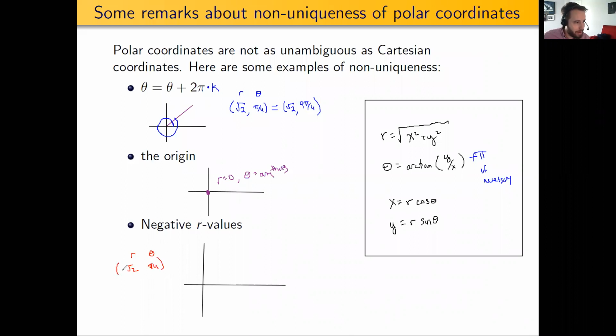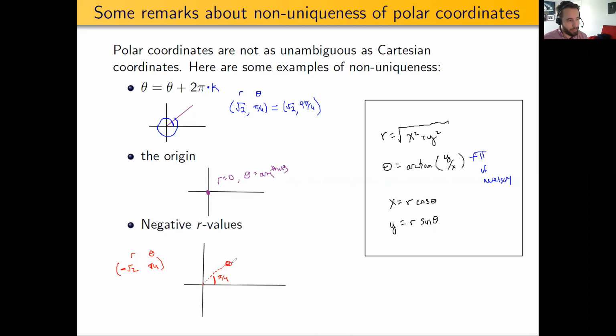I guess because we're talking about negative r values, let's let r equal negative square root of 2. So if it were a positive square root of 2, we would extend our drawing out, I'm sorry, I would extend my r value out square root of 2 units, and then I would measure up from the x-axis in this counterclockwise direction pi over 4 units, right?